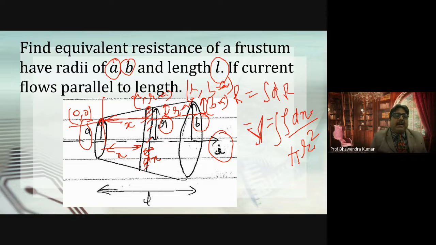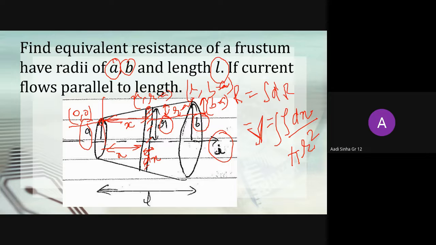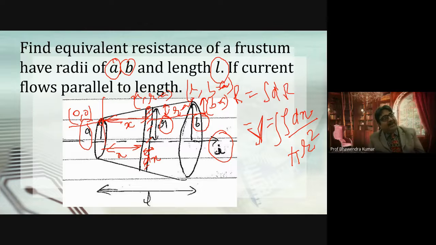Now, how will r and x be related? That is the second question. Sir, we use similar triangles. Absolutely, you can use similar triangles. So hurry up, move ahead. I was doing that. Listen to me. Use similar triangles, write the equation of a straight line. This is the angle theta. You can write the slope intercept form. There are so many different ways.